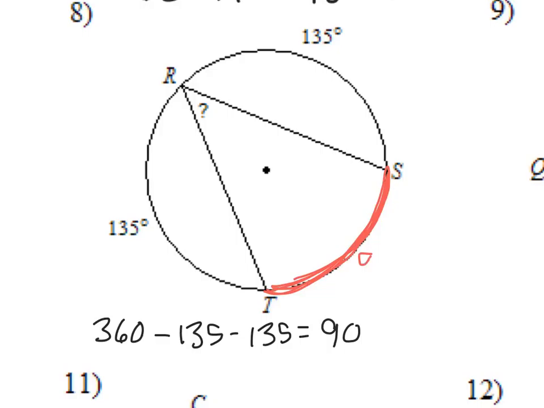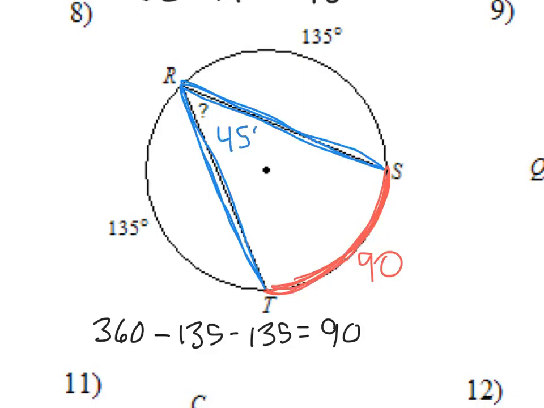So our red arc is 90 degrees, which means that our inscribed angle within the circle is half of what that arc measure is. So that is 45 degrees.